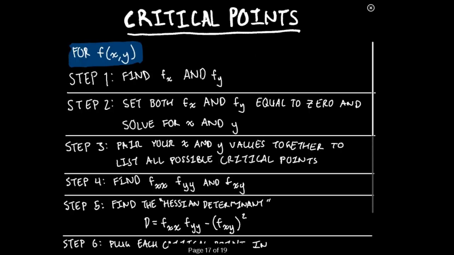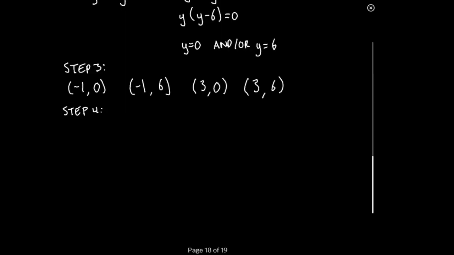Okay, step 4 was to find the double partial or the second partial derivatives with respect to x and y, and then x and then y. So we're going to find each of those: fxx, fyy, and fxy.